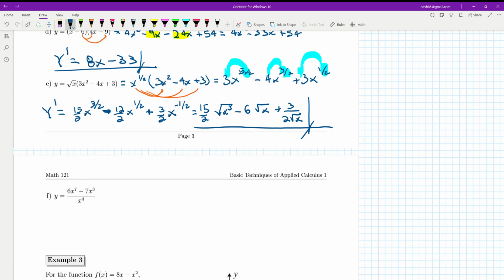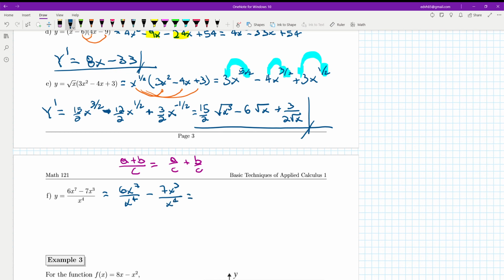Notice that we have an expression of the form a plus b over c, which can be split into a over c plus b over c. We're going to do that for this expression right here, 6x to the 7th over x to the 4th minus 7x cubed over x to the 4th.